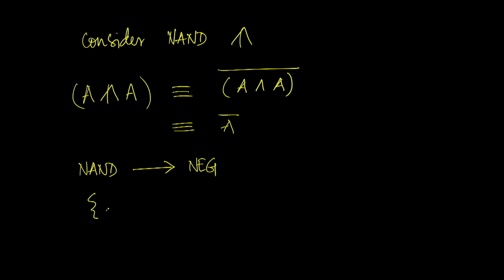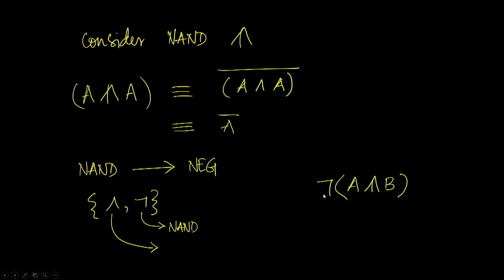Now look at this set, and negation. In this, negation can be synthesized using NAND. And then what about AND? AND is nothing but the negation of NAND. So if you take the NAND of A and B and then negate it, what we get is the AND of A and B. How do we get this negation?